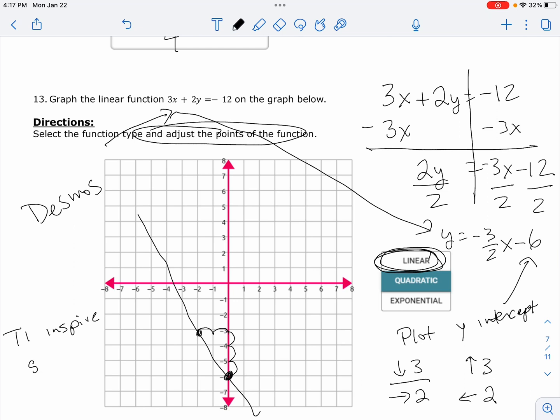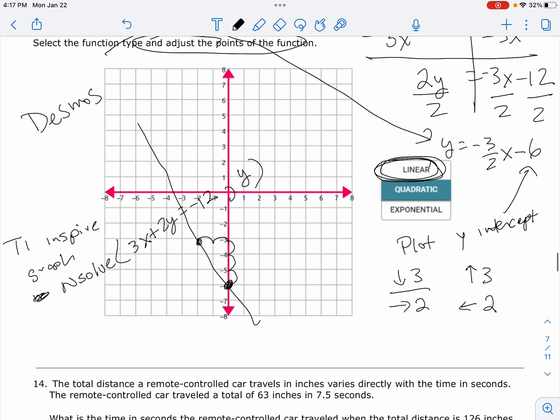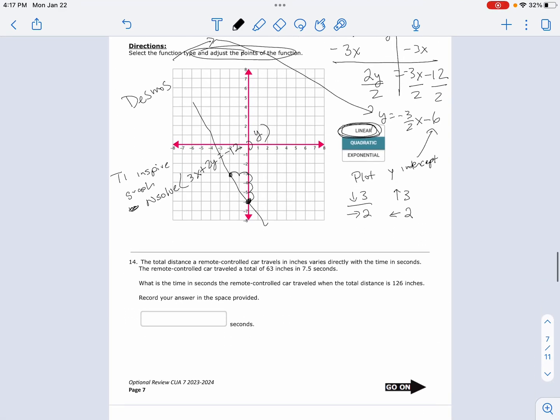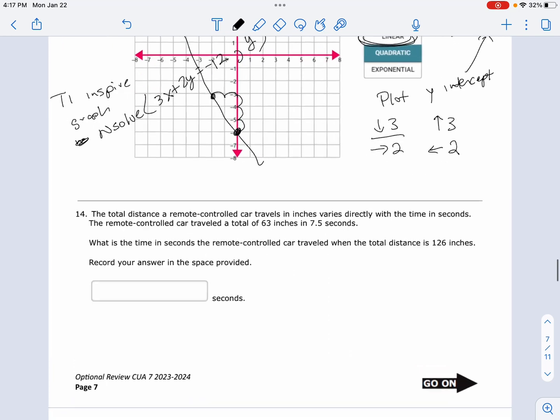You can go out to the graph, and you can do nSolve. And then in the parentheses, you can type in 3x plus 2y equals negative 12, comma, solve for y, and it will graph it for you. And then you can see where your graph is supposed to be and see if you can figure out what those points are and graph them. So you do have some options to help check your work.